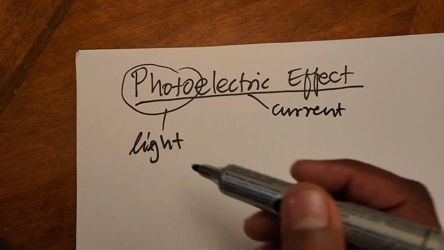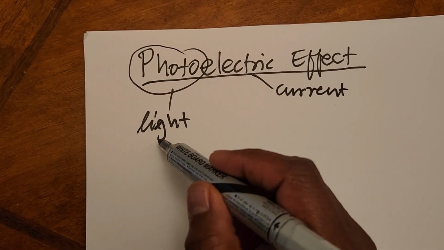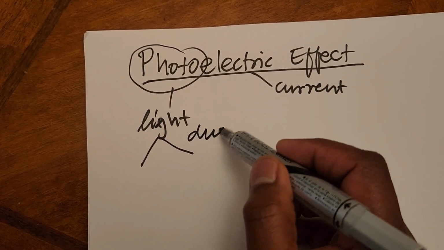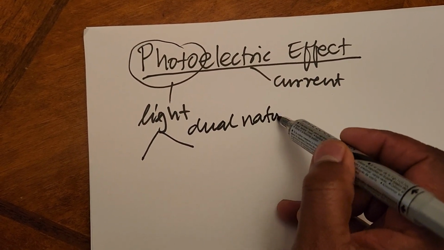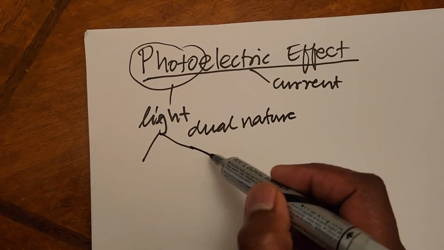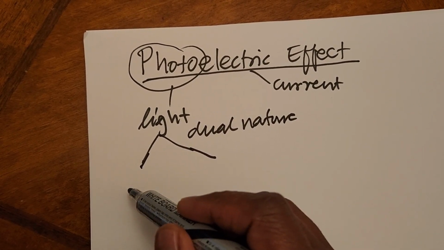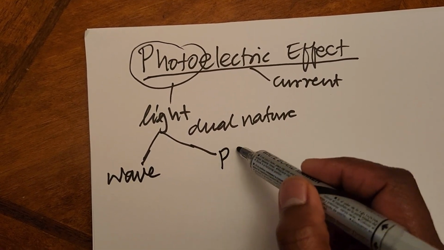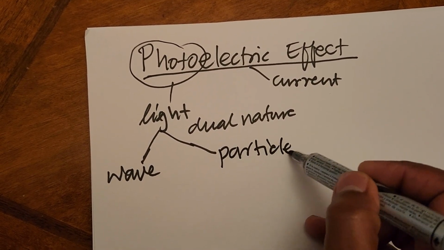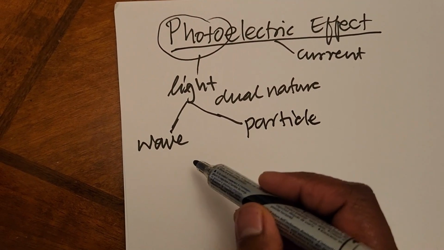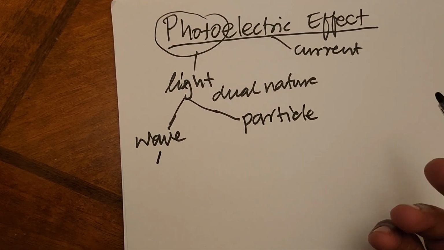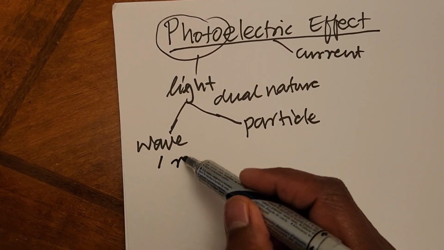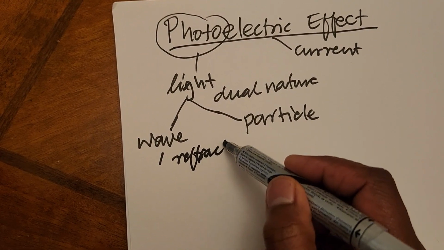Therefore, as we studied in grade 10, light has got dual nature, meaning that it has got wave nature and particle nature. In the case of wave nature, we know the properties of waves. Waves can be refracted, waves can be reflected.